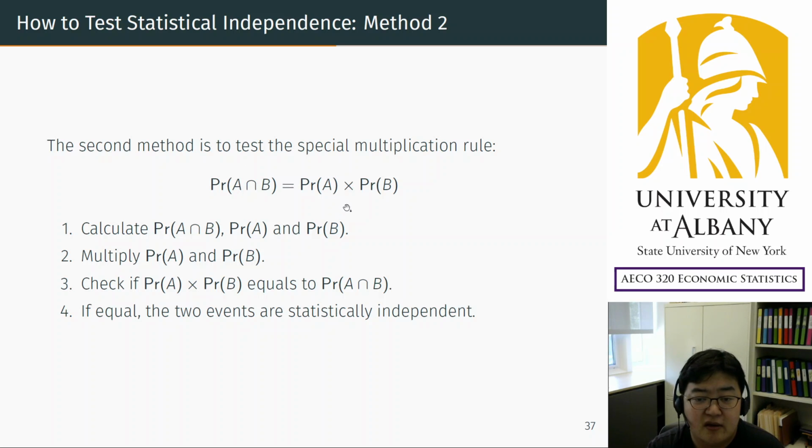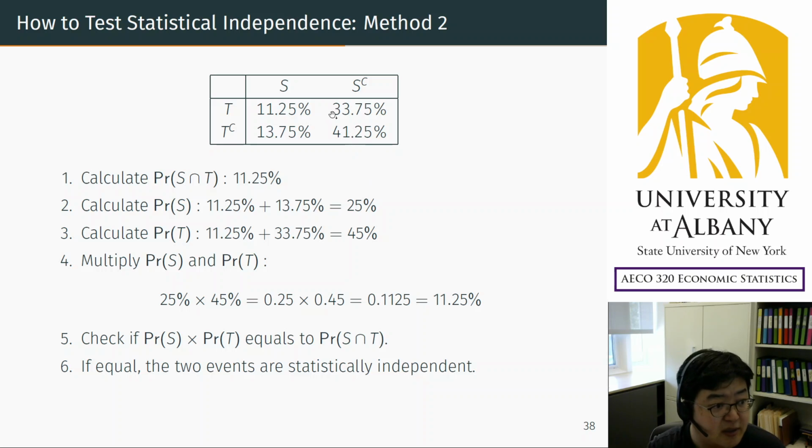So, see, in our example, I'm going to calculate the probability of S intersection T first, which is the left-hand side, right? Intersection probability is only this probability because it has only one outcome, 11.25%. And then calculate the probability of each event, S and T, which is pretty straightforward.